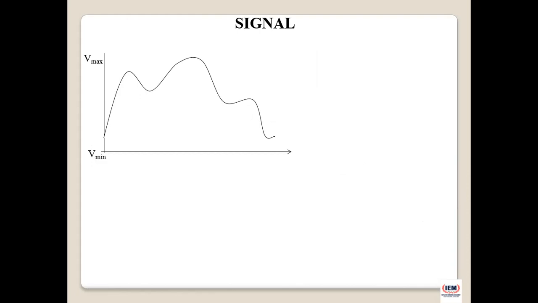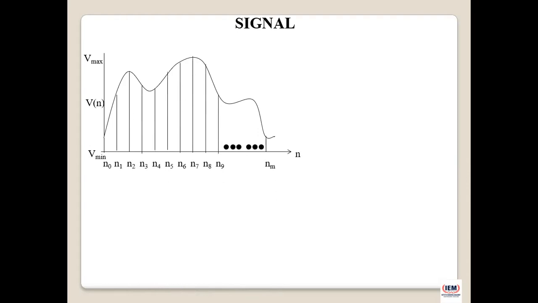And the interesting part, the next signal we discussed, will change a little bit. In terms of t, we consider n. So V is a function of n. What is this n? n is the time index.